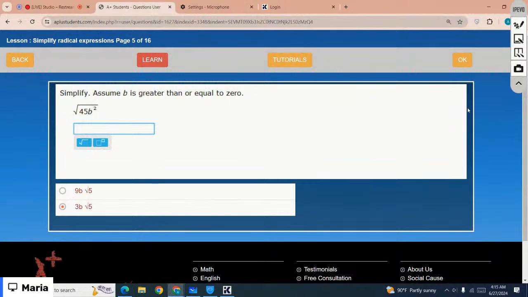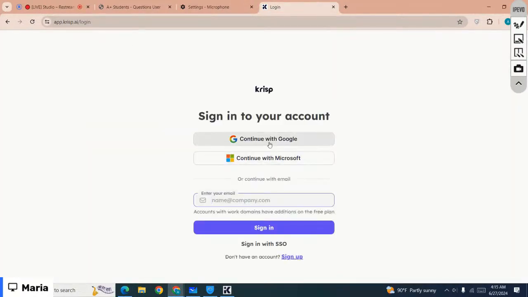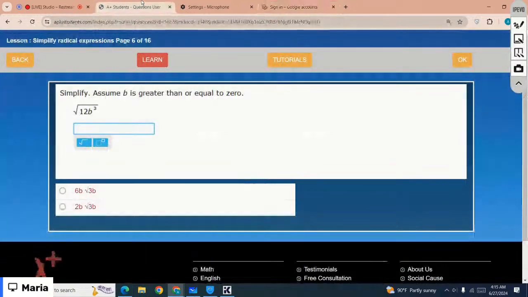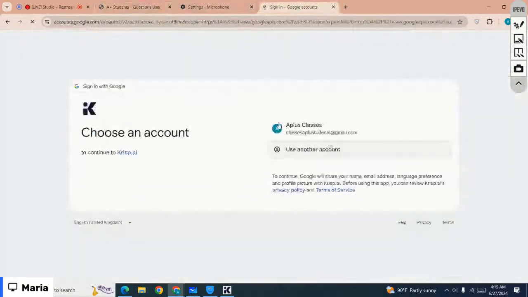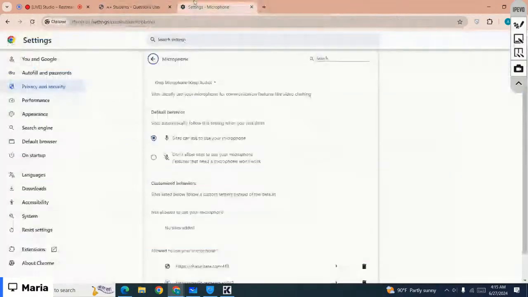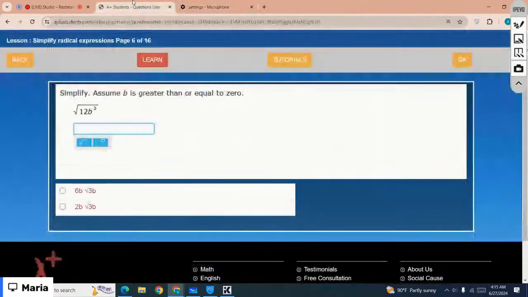That is root 5. Option number 2 is the correct option. Simplify 12 b cube, which is the correct option.